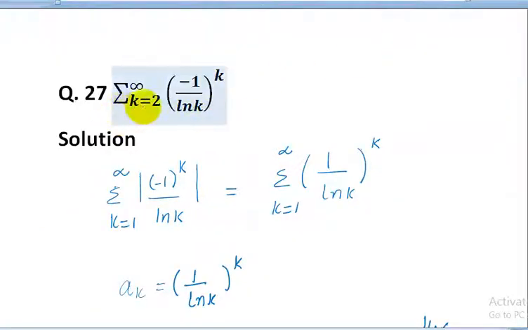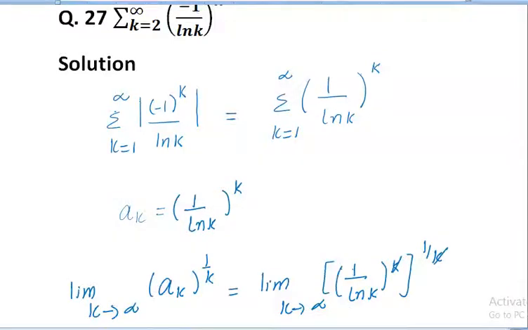Next question is summation k starting from 2 to infinity of minus 1 upon log of k, whole power k. Here k varies from 2 to infinity. k is not equal to 1 because for k equal to 1, log of 1 is equal to 0, so it becomes infinite. First we test this series for absolute convergence.